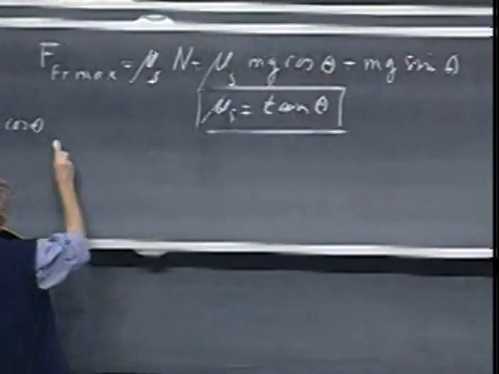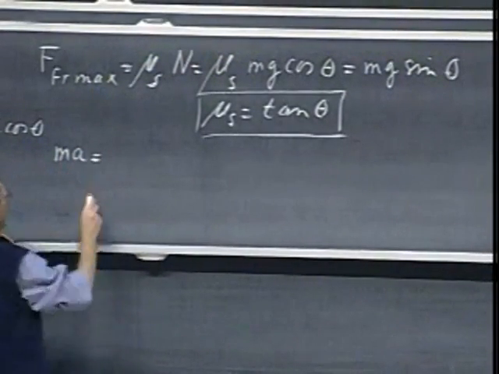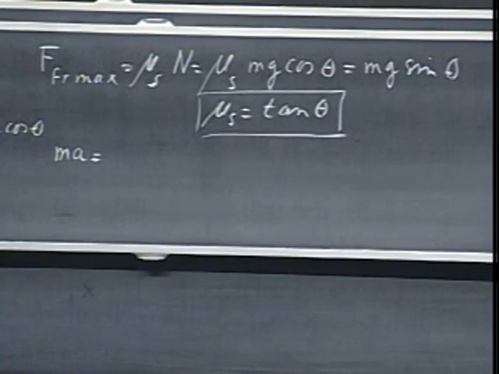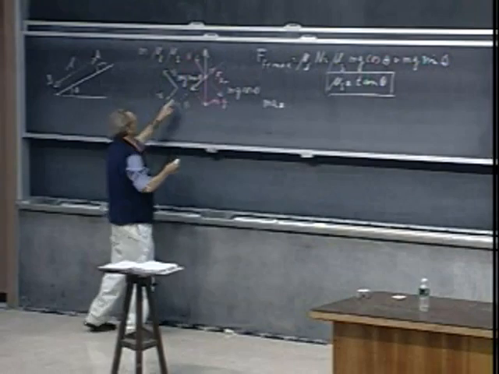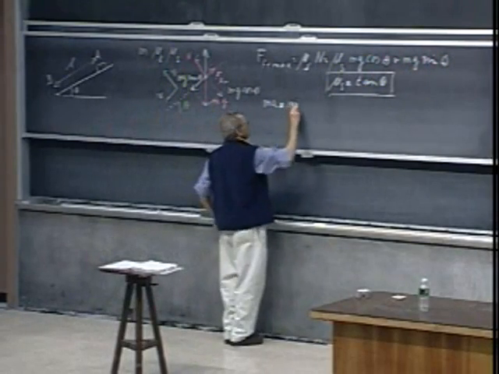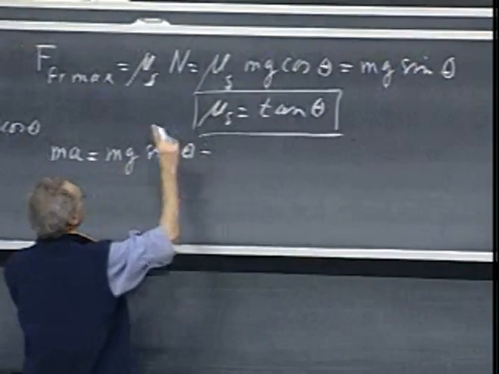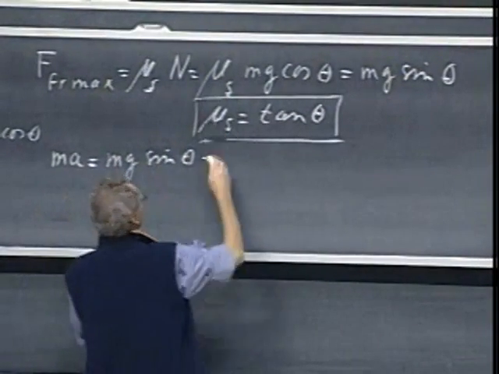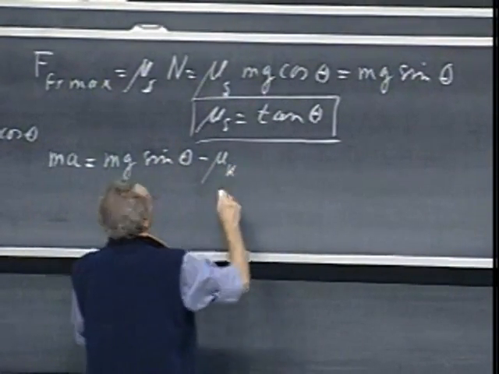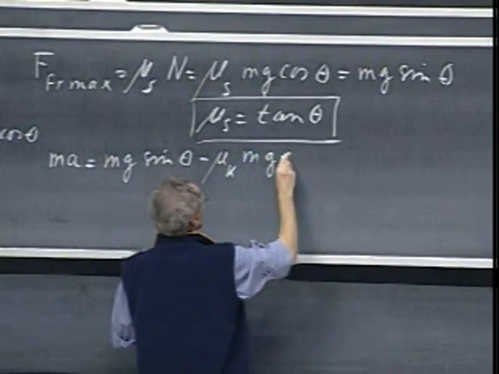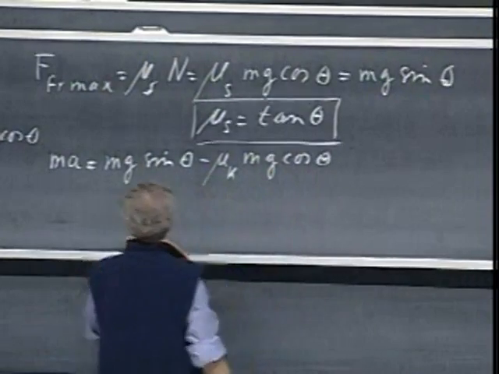And so I can write down now Newton's second law, ma, which is the net force in the positive x direction, would be equal to mg times the sine of theta minus the frictional force, but now this becomes mu k mg cosine theta.